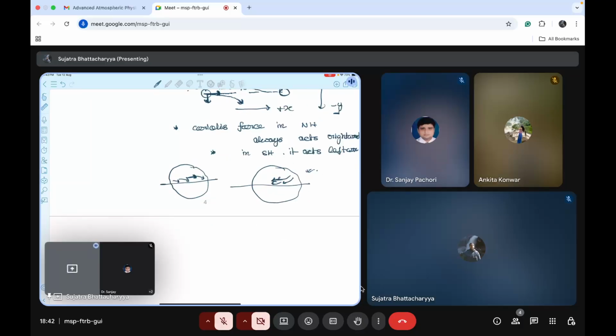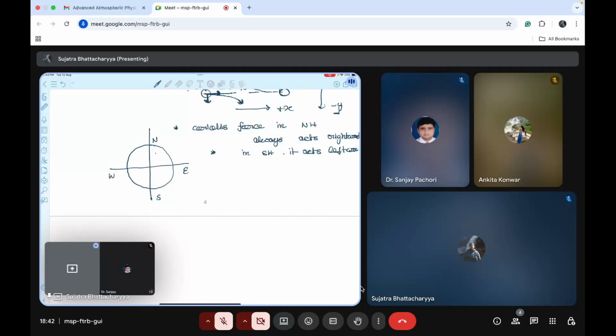I think I have not made it clear. Let me explain. Suppose you have an arc-like shape. Suppose this is north, this is south, this is east, and this is west.